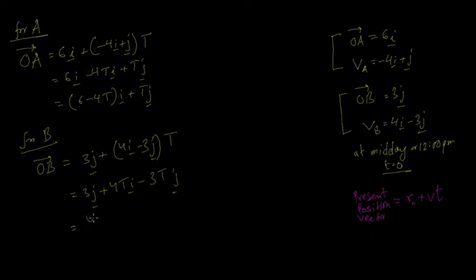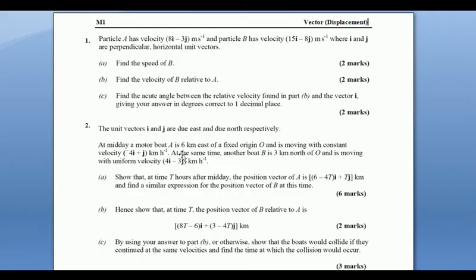If I take j common, it would be (3 minus 3t)j. So this is the present position vector of B. So we have shown this, and this is done. The next question, we have to find the position of B relative to A. Now you remember, if it is B relative to A, that means you have to subtract.